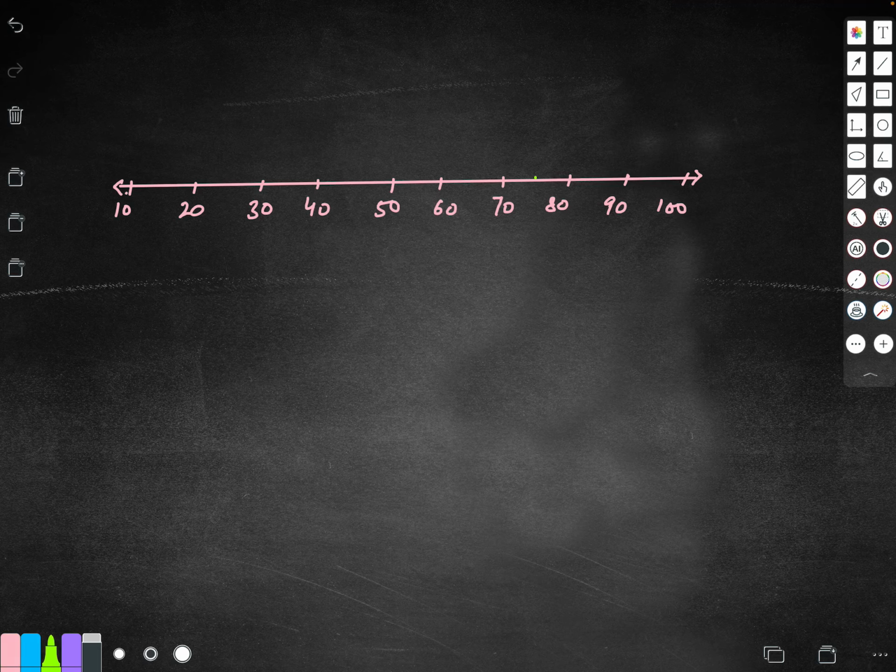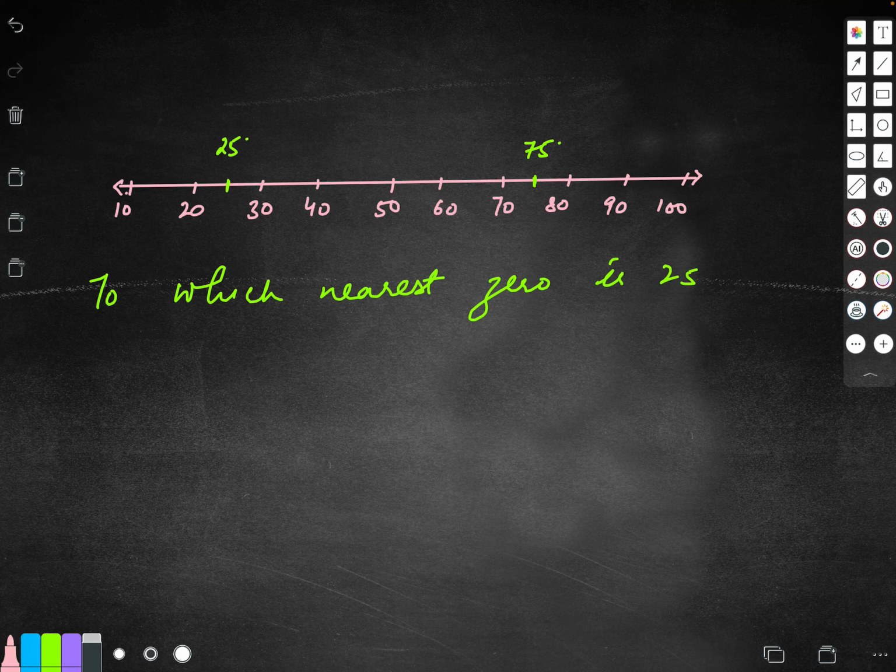Now, dear children, if I give you a number 75 and I give you a number 25, can I ask you one question? To which nearest zero is 25? So, do you think that I have two options for it? It is either 20 or it is 30.